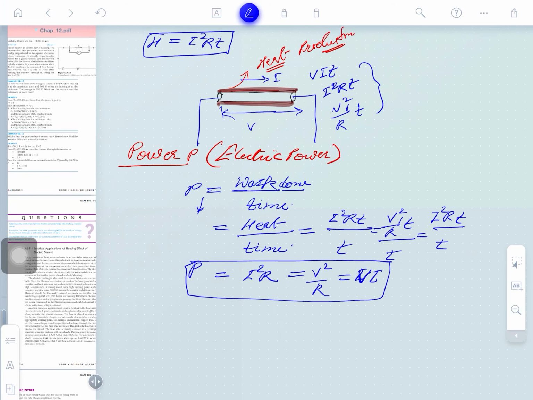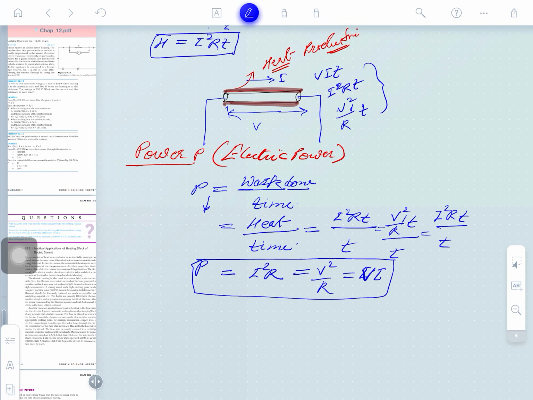Clear? So, what is the definition of electric power? Please go on writing the definition of electric power.